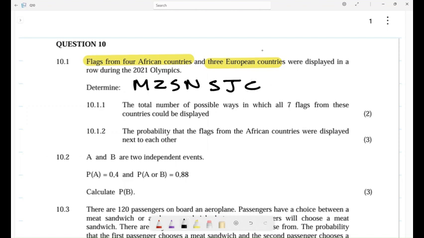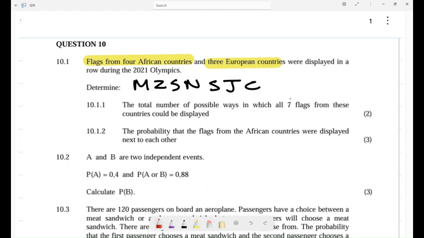This is my order, right? We do not know in which particular order they put these flags. We are not sure whether they started with Japan, Mozambique, Zimbabwe, South Africa, Nigeria, or whatever.